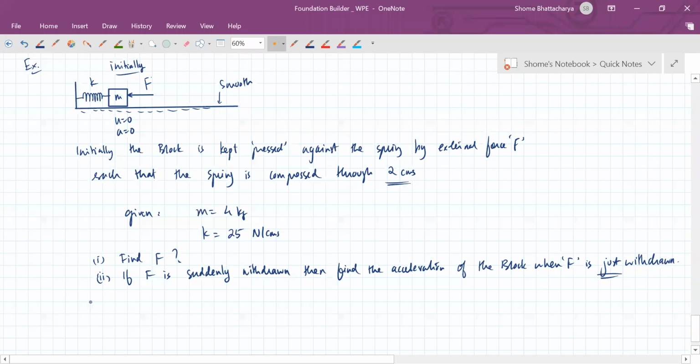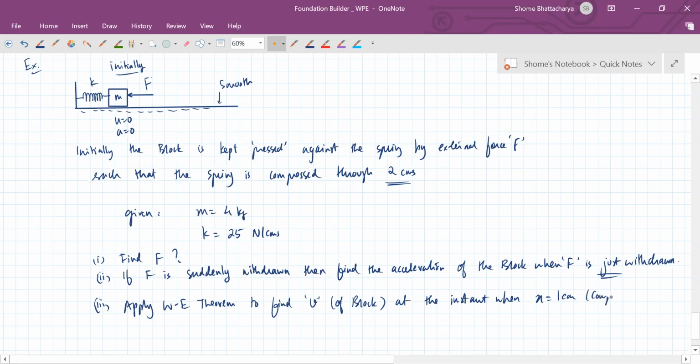Then third, apply work energy theorem to find the speed of the block at the instant when x is equal to 1 centimeter of compression for the spring.